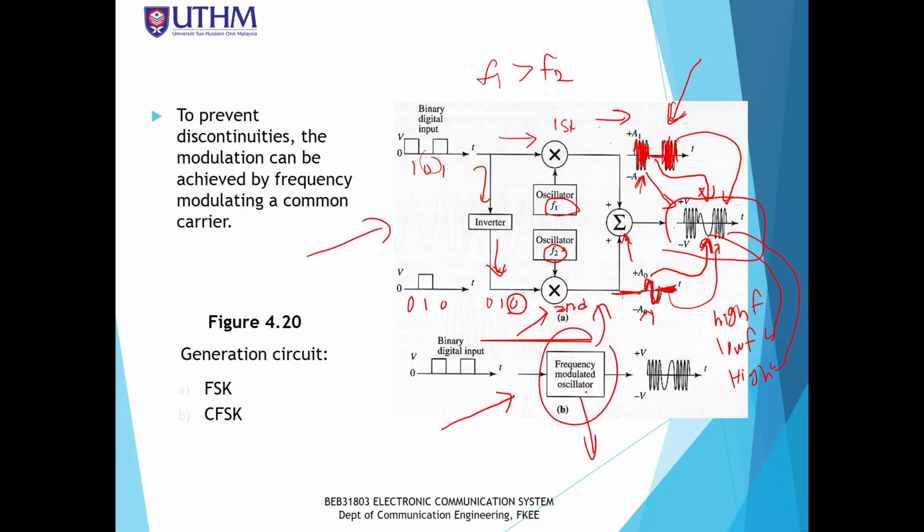So in this frequency modulator, there are actually a few sets of circuits inside here which produce a high frequency and low frequency, and you can see that here is 101. So input logic 1 will produce a high frequency, input logic 0 will produce low frequency, low F. Input logic 1 will produce output high frequency. So that's for the signal generation, FSK signal generation.